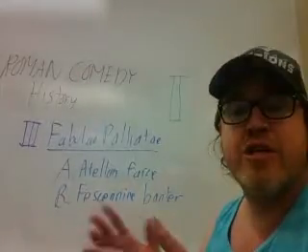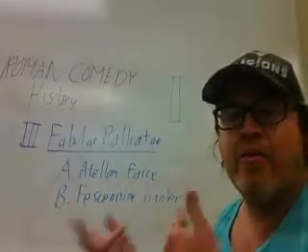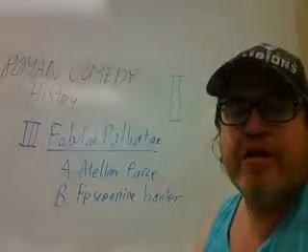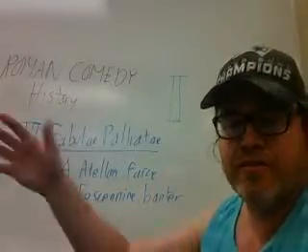So, as I mentioned, there are several different kinds. For instance, there's one called togatai, which is a Roman comedy that's placed in a genuine Roman setting as opposed to a Greek setting.